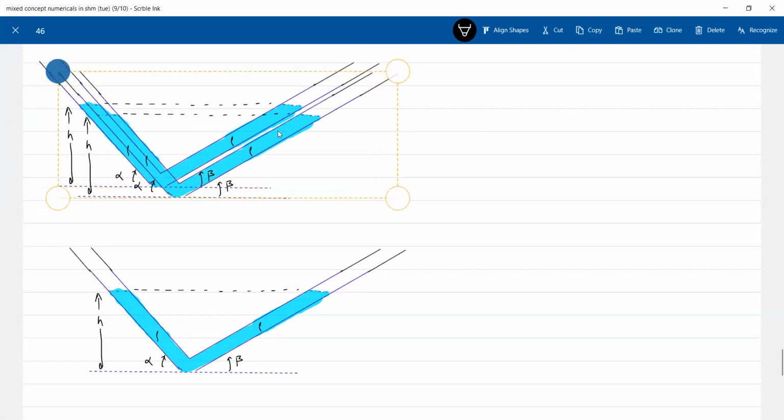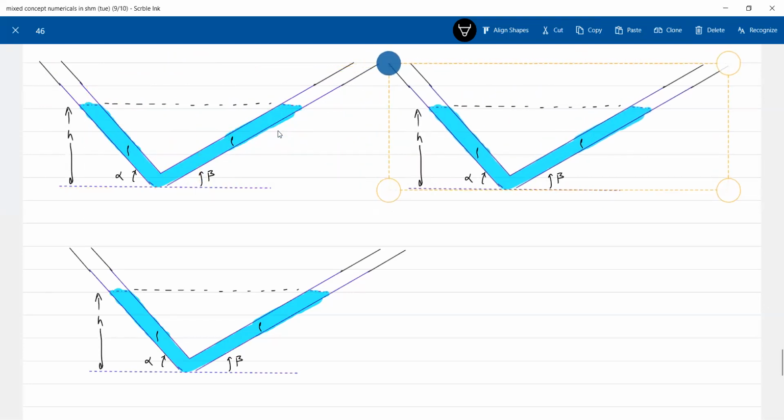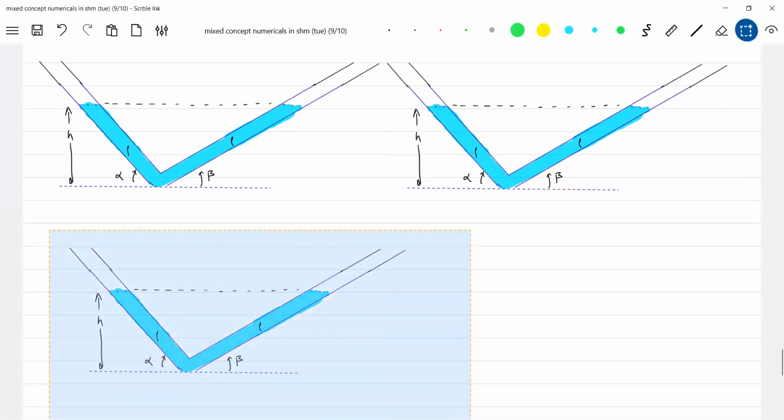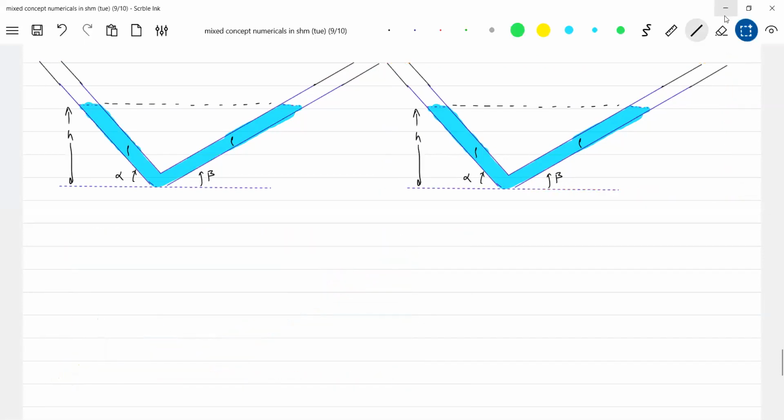I'll take this diagram. It'll be easy for me. Okay, now I think we have a diagram. I will slightly depress the liquid column. We are not going to move this tube, this will be fixed.